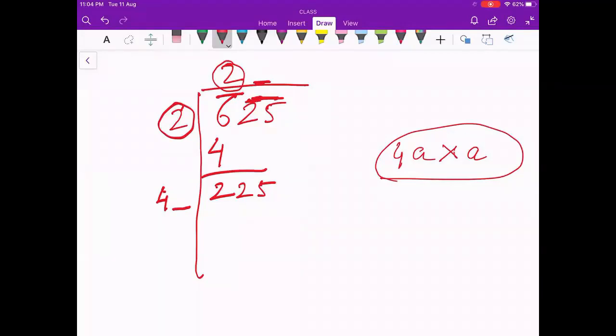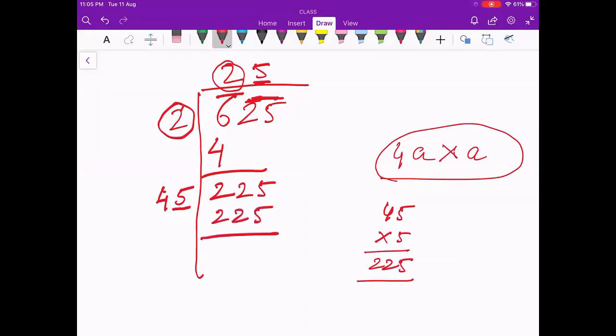So if we take 5 here, we have to put the same number here. Then if we multiply 45 into 5, that will come out to be exactly 225. So we get 225 and remainder as 0.